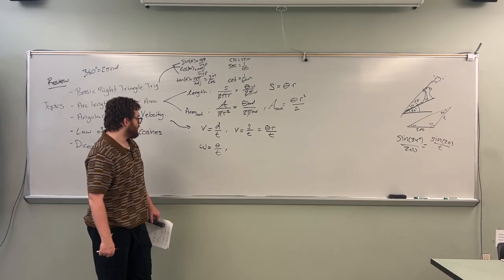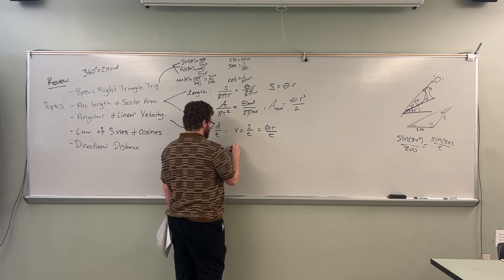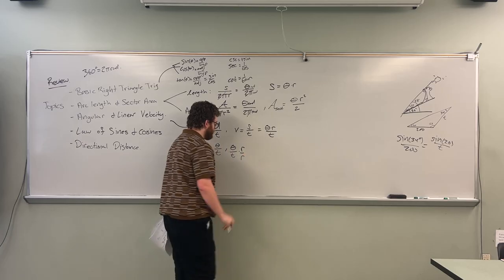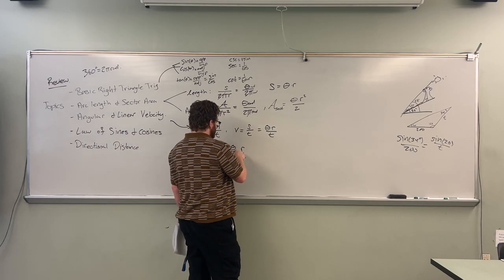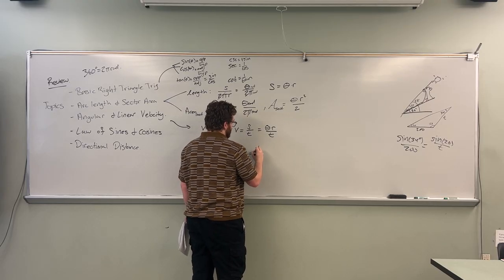This is the same thing as saying theta over t times r over r. And theta r over t is v, so that's how we get v over r.